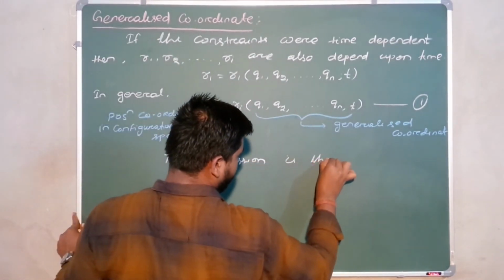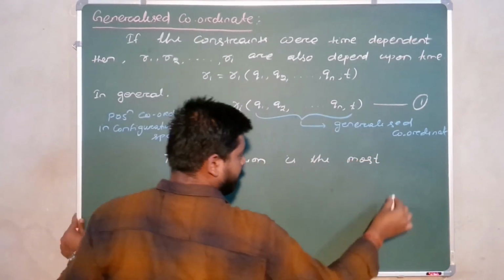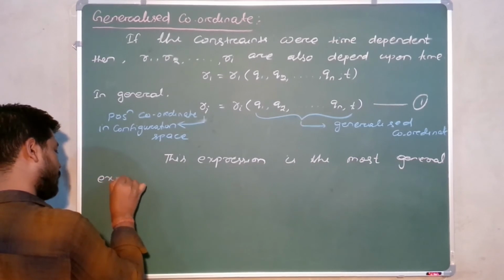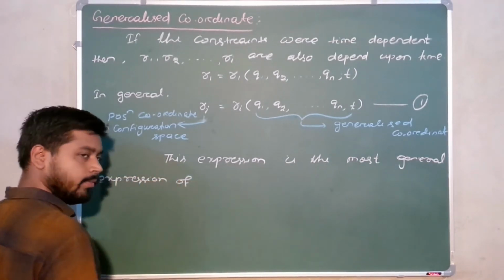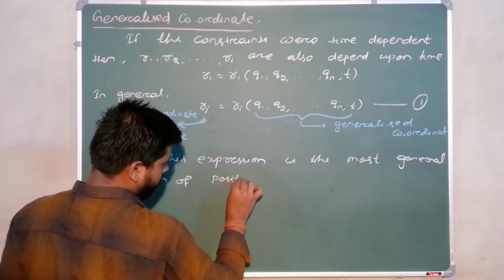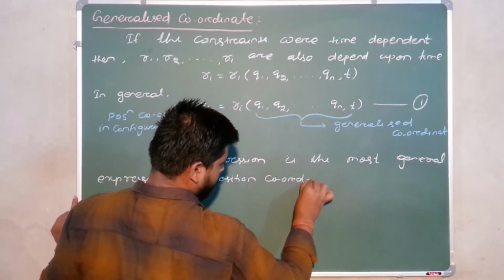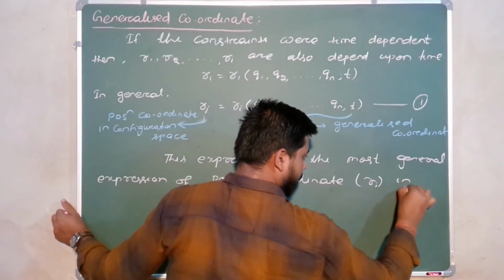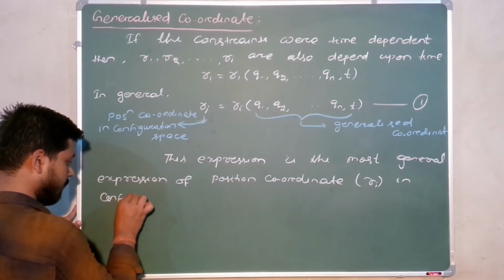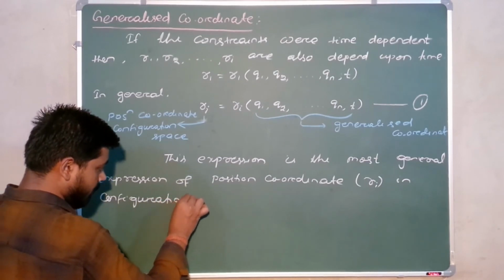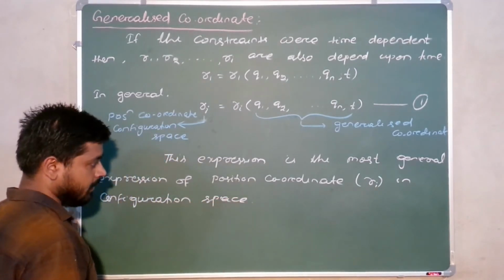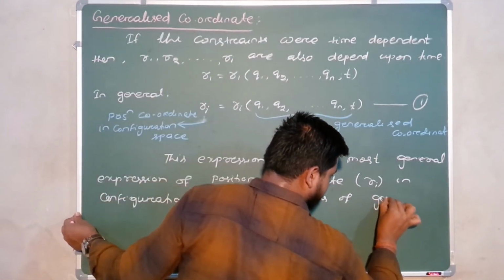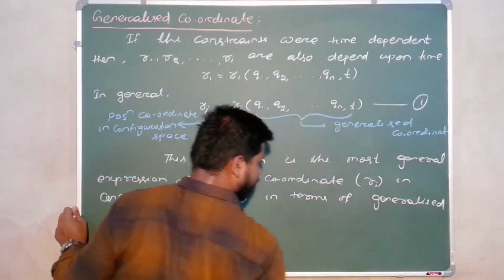We can write this expression is the most general expression of position coordinate, that is ri, in configuration space in terms of generalized coordinate.